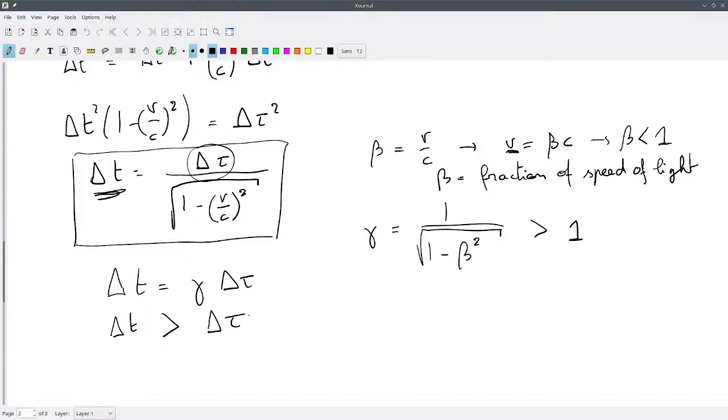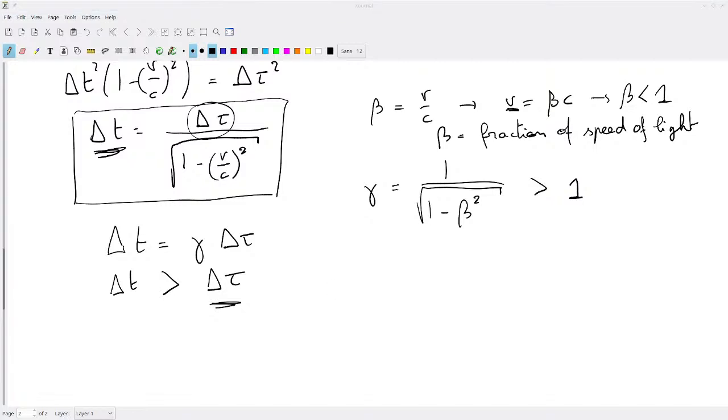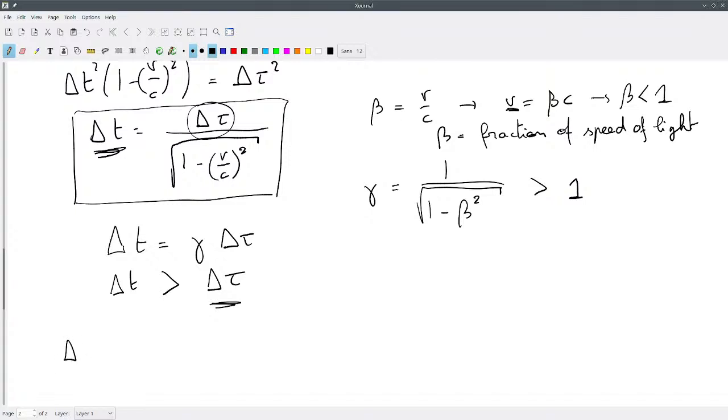In fact, delta tau, which is the time that the observer in the space station, the astronaut, measures, is going to be a special time, which is partly why we write it with delta tau. It will be traditional to write this as tau instead of t.